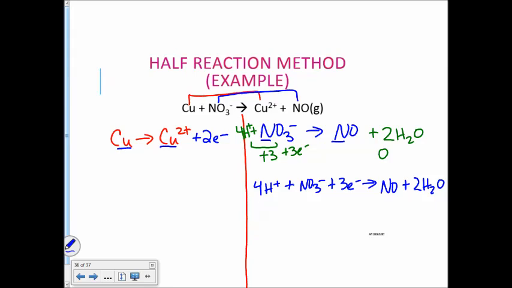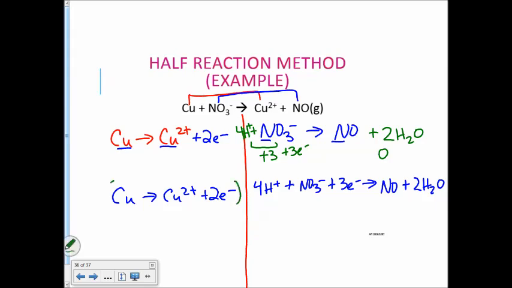My other one was real easy because it didn't have any oxygen in it. Now, this is the key to the balancing of the redox. Look at our electrons. Are they the same? We have 2 electrons in the one half reaction. We have 3 electrons in the other one. We have to balance our electrons. So we have to use the common multiple idea, which would be 6, right?